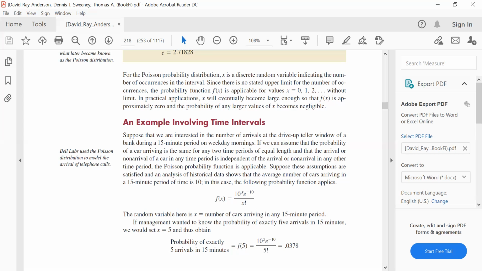So we can place the value of mu as 10. So we have probability function as f of x that is equal to 10 power x e power minus 10 divided by x factorial.